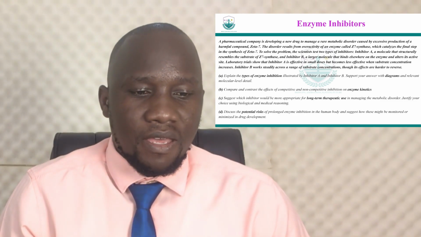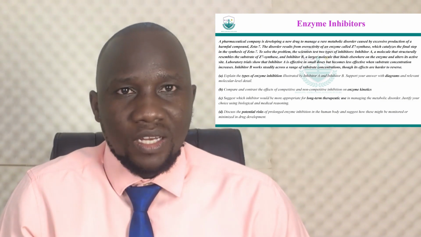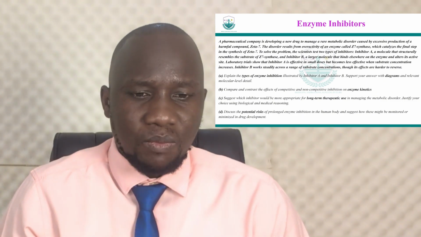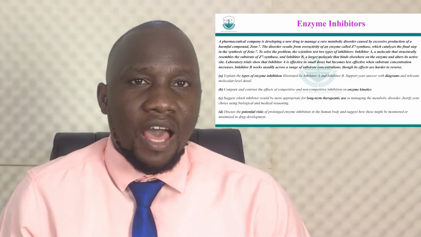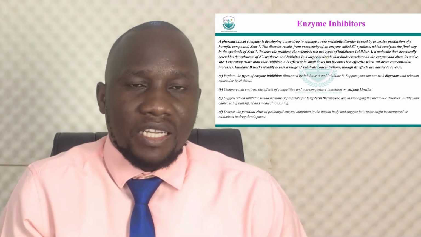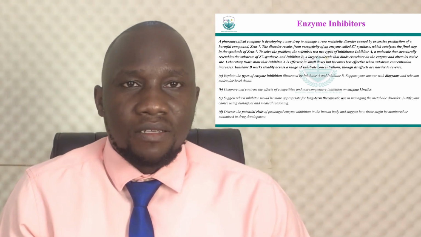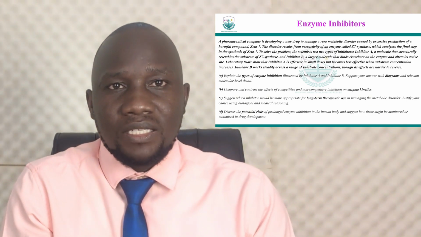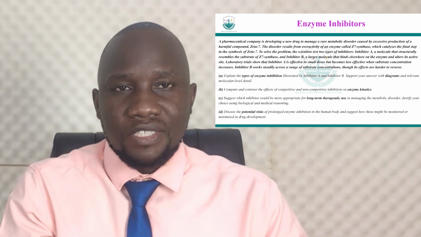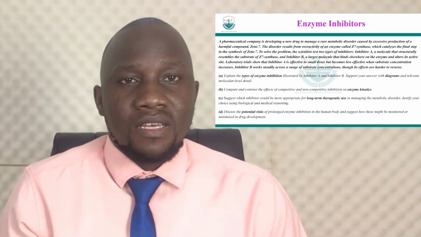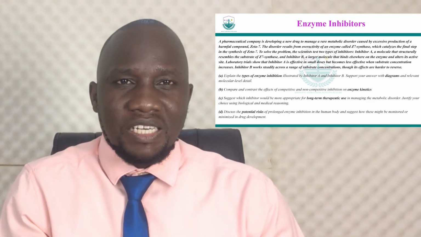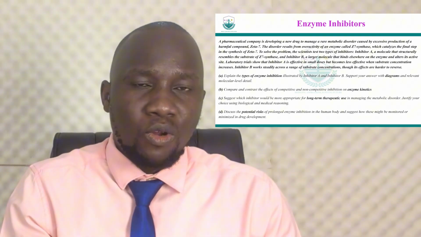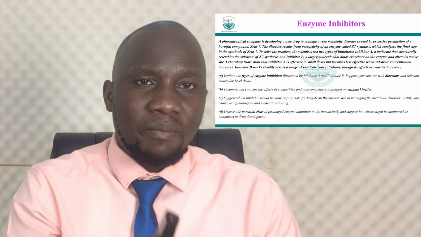And then the second one, which is inhibitor B, is a large molecule that binds elsewhere on the enzyme and alters the active site. Okay, it does not bind to the active site, but binds somewhere else, but the result is that it changes the active site.